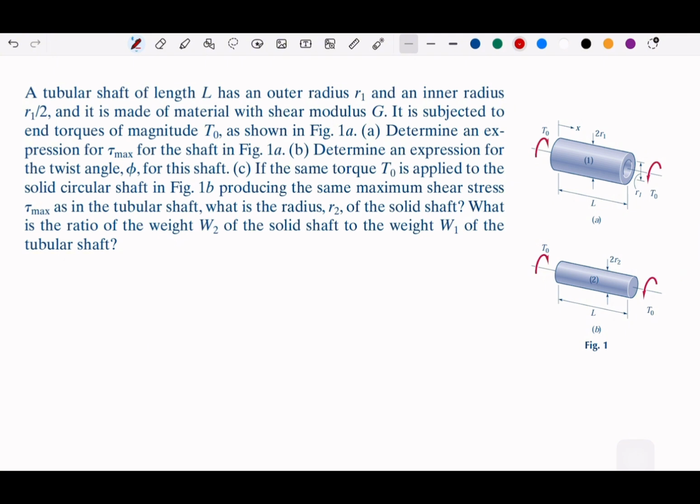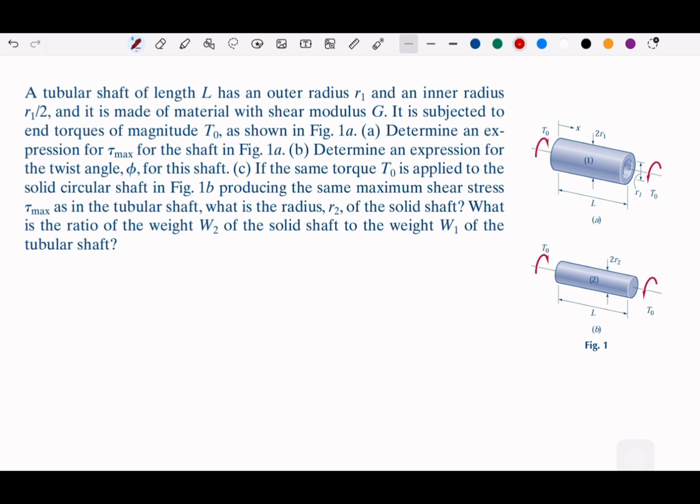It is made of a material with shear modulus G and subjected to the torque T0 for figure 1A, the top one. Determine the expression for tau maximum for 1A, and determine the twist angle.